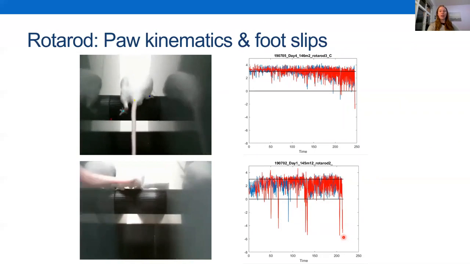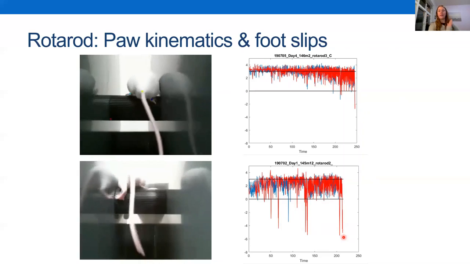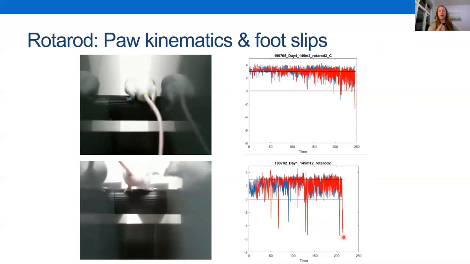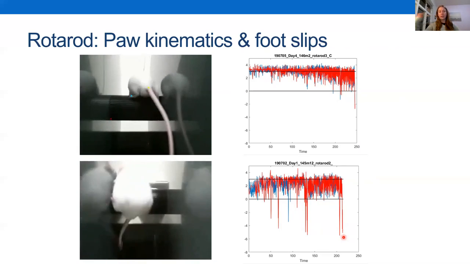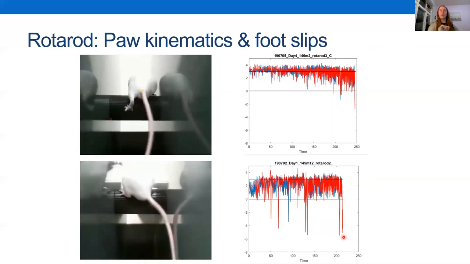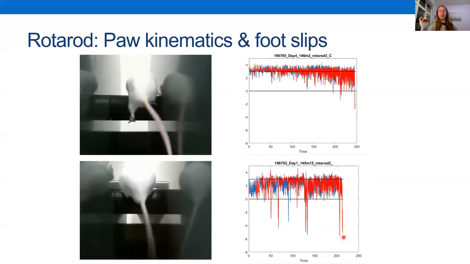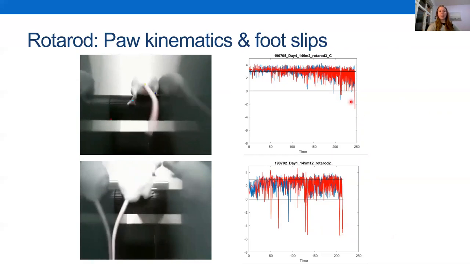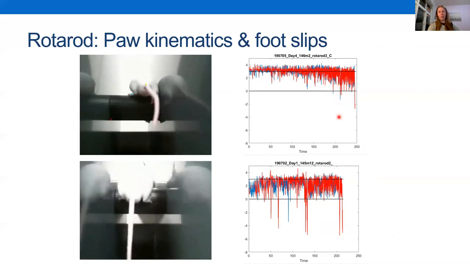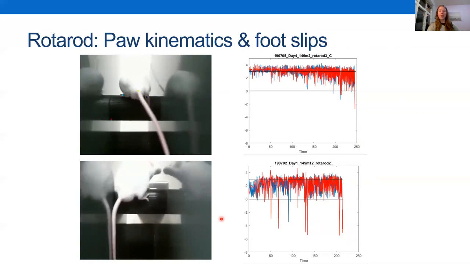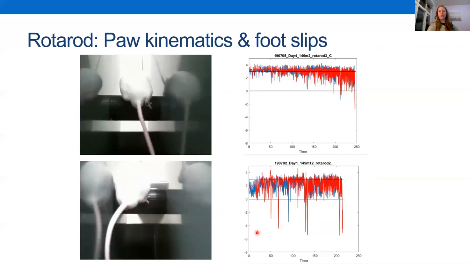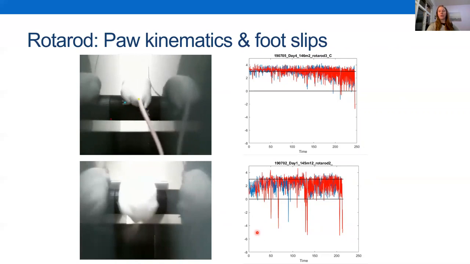And on the right side, I'm showing a graph in red and blue of the right and left paws over time. So you can see that over time, their steps are getting larger and larger, and they're actually slipping more where they almost fall off the rotor rod. And in the case of the YAC128 example, you can see that they're slipping much more often than the wild type, and they're just overall less coordinated compared to wild type.